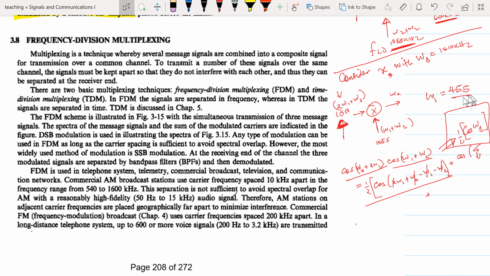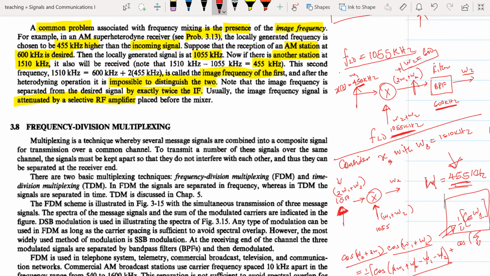So we were saying that we desired to move our frequency from 455 to 600 kilohertz, our intermediate frequency, but we have generated another signal that is exactly the same place where we want to live. Therefore, it becomes impossible, as we have noted earlier, to separate those two signals.